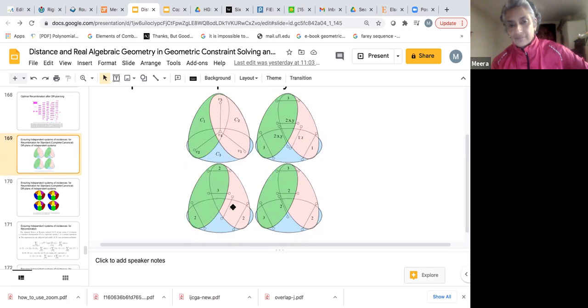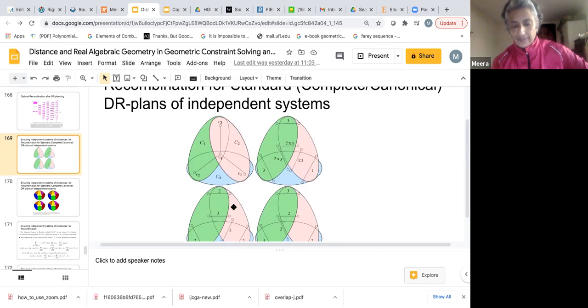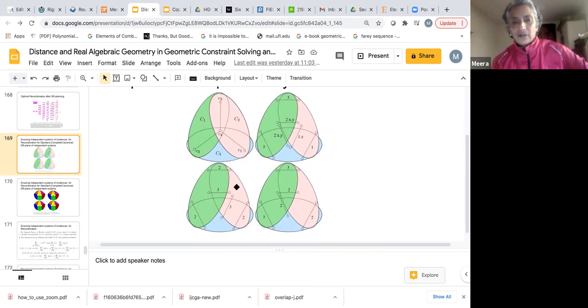I mean, independent system of incidence constraints of this type. But there are many ways you could try to do it, and all of the ways are somehow local in the sense that I've shown here, in the sense that I look at each constraint separately.